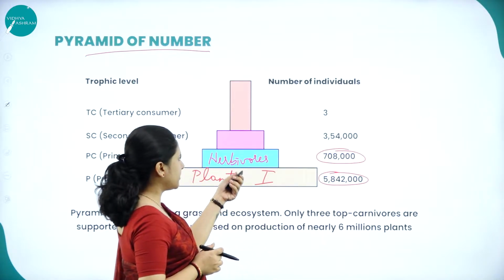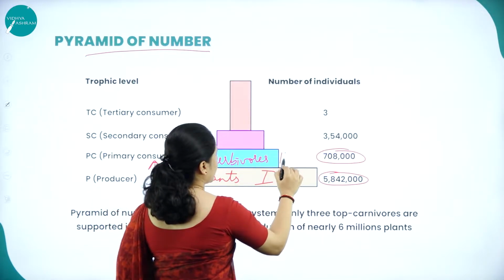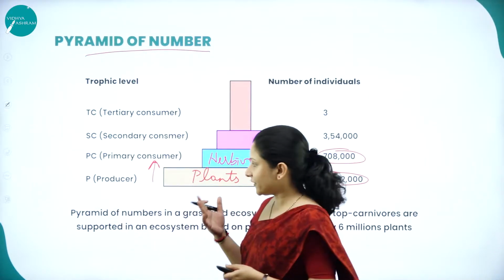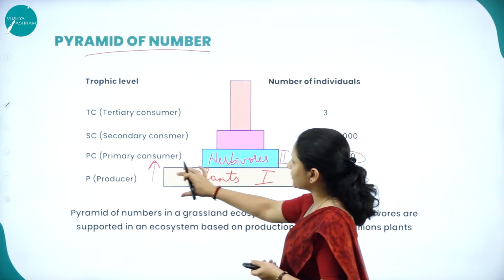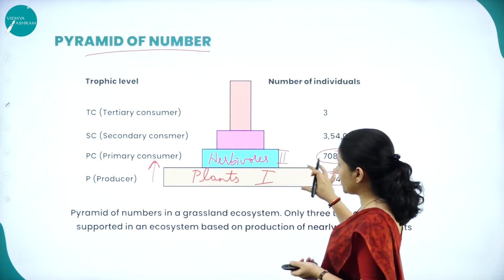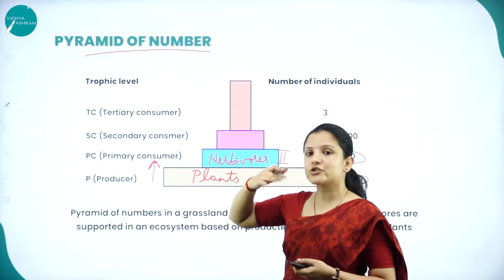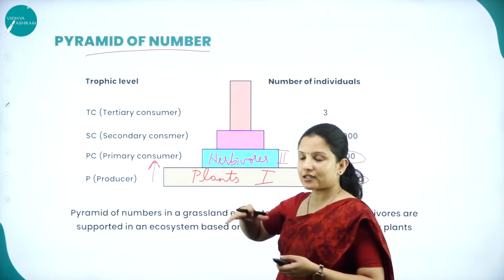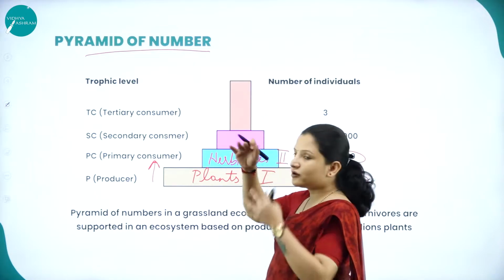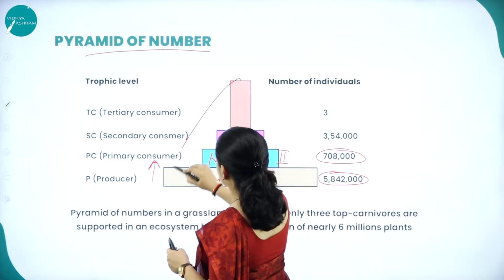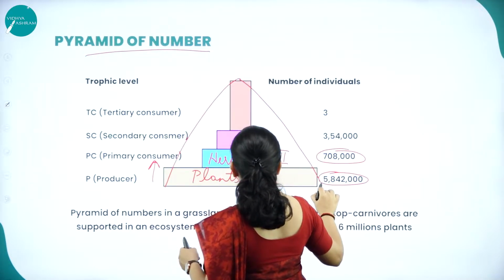So the number of herbivores is less when compared to the number of plants occupying the first trophic level. That is why the base of the pyramid is broad here, and as and when it moves up, the number of individuals in each trophic level tends to decrease. That is why it looks like a pyramid shape. If you draw a line like this, it looks like a pyramid.